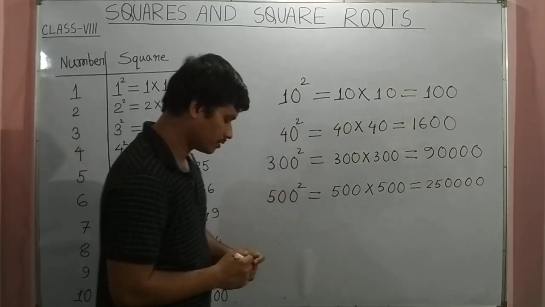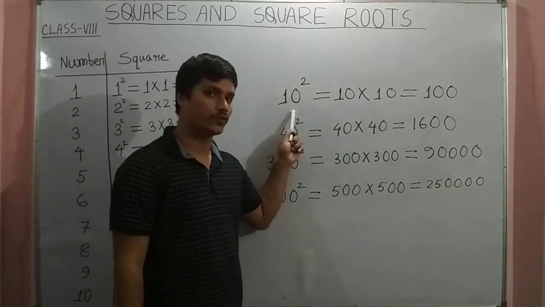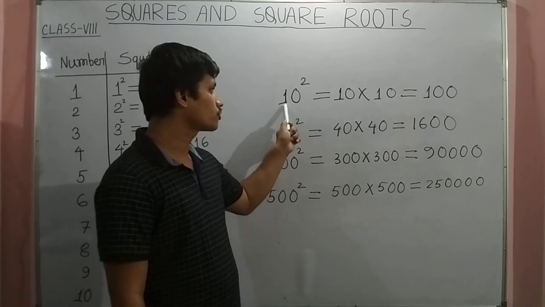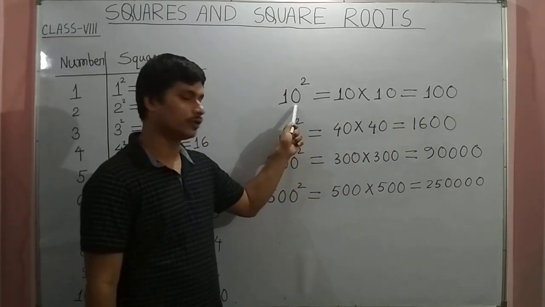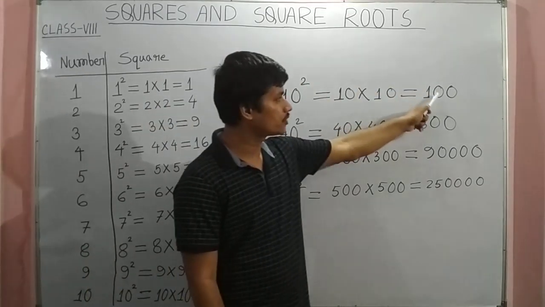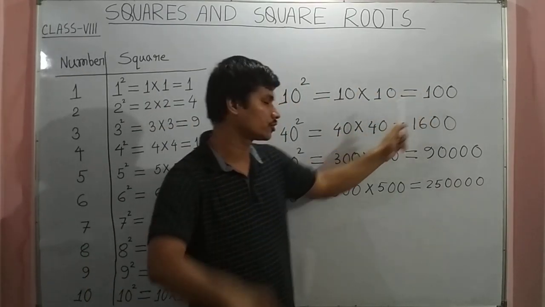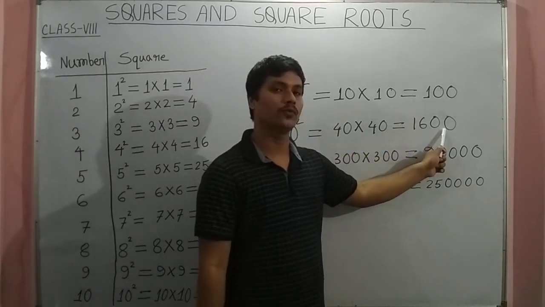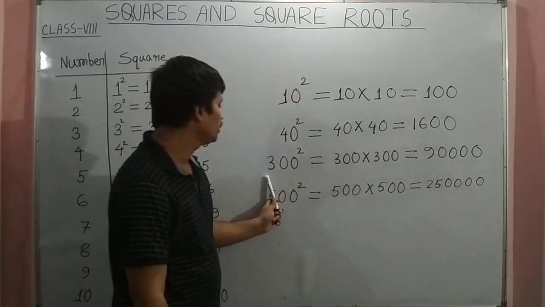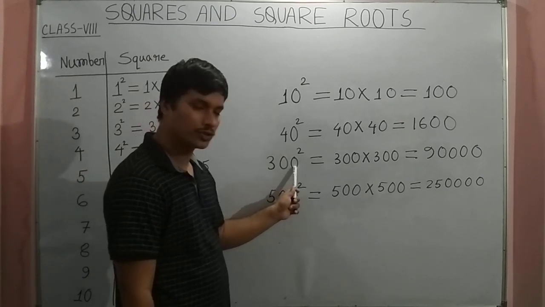Very interesting, students. See, in 10, how many zeros do we have? 1 zero. Square of 10 is 100. In 100, how many zeros? 2 zeros. In 40, we have 1 zero. In 1600, we have 2 zeros. In 300, we have 2 zeros.